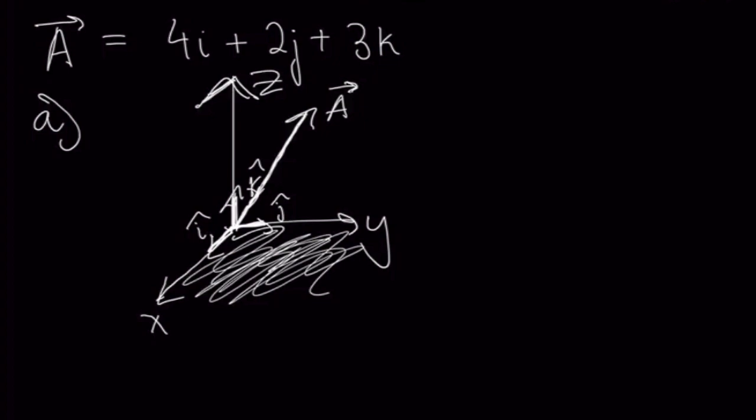And when you think about orthogonality, you have to think about perpendicularity. And basically, what you're thinking about is a cross product. And it just so happens that when you take the cross product of A with k hat, you get a vector in the xy plane.